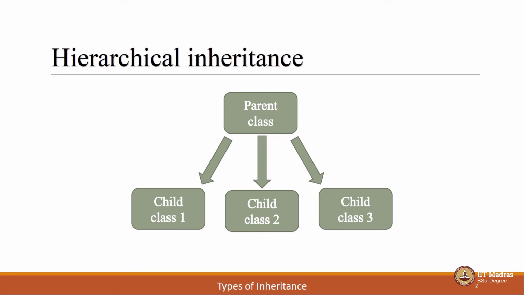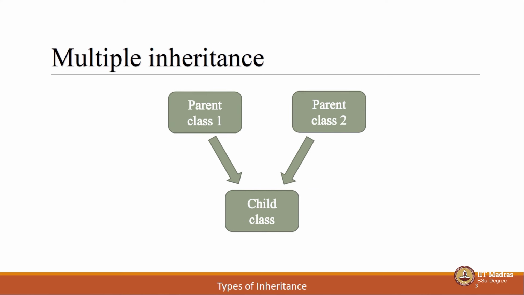So in order to generalize this, in hierarchical inheritance, we have a single parent class and multiple child classes. Next type of inheritance, multiple inheritance. And this was that inheritance when we talked about painting and brown hair colors, where we have more than one parent class and a single child class.